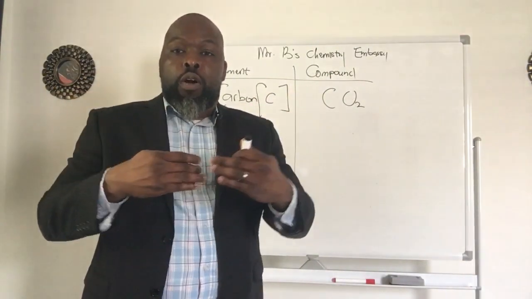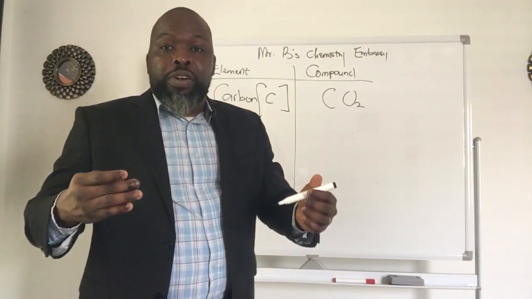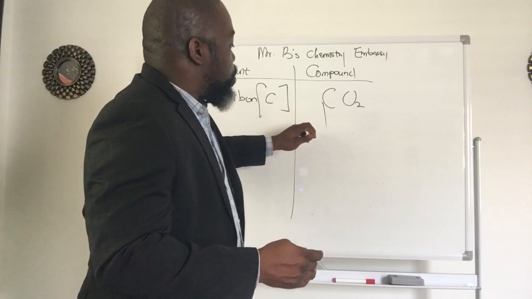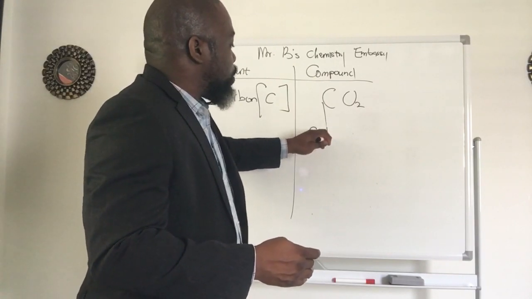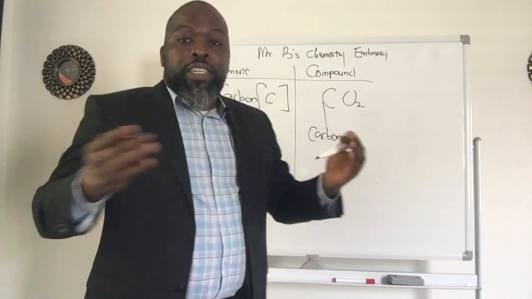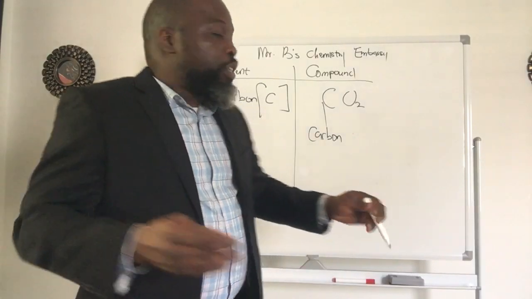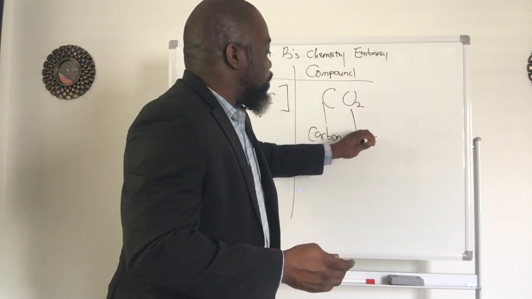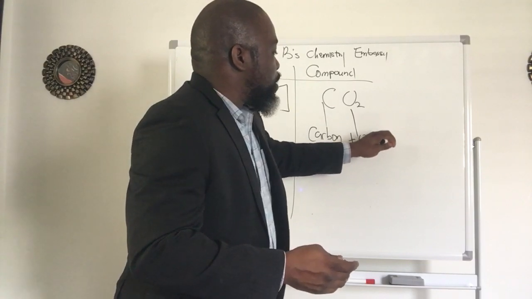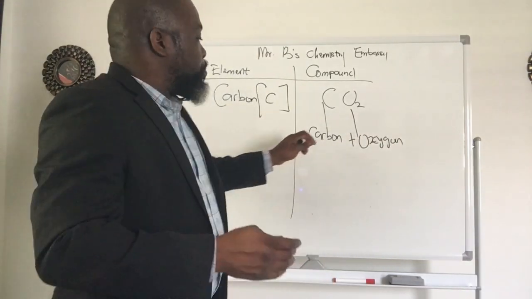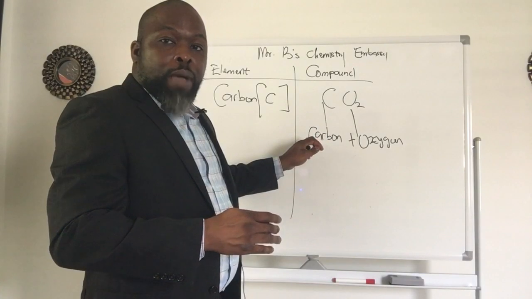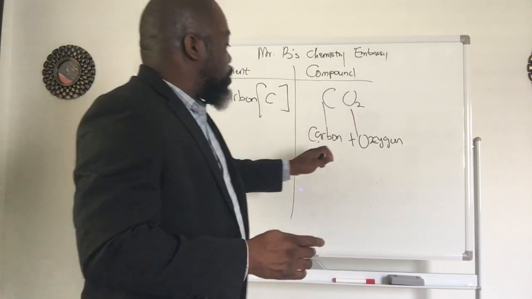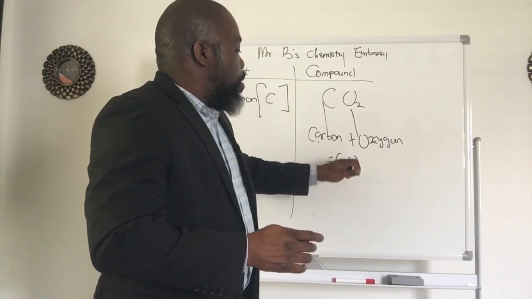Two or more. So when you go on your periodic table and look at the symbol, what is C? C is my carbon. And what is O? O is our oxygen. When we combine one carbon plus two oxygen, that gives us carbon dioxide.